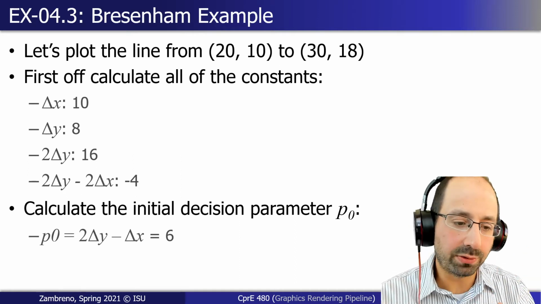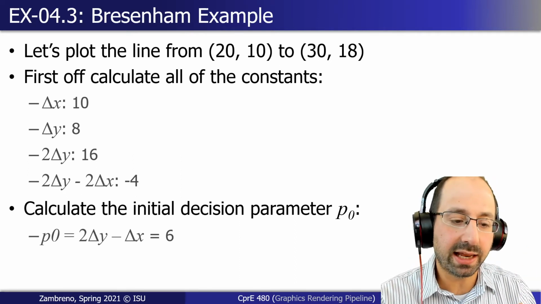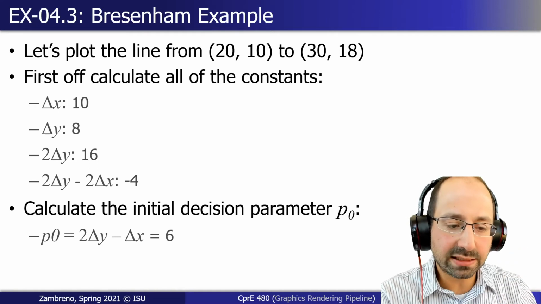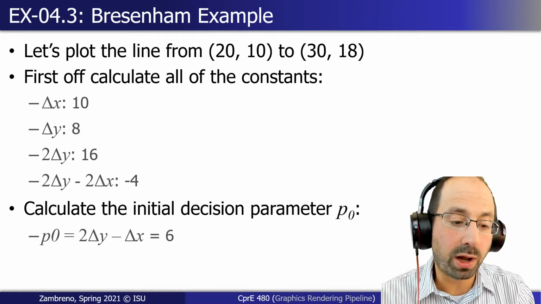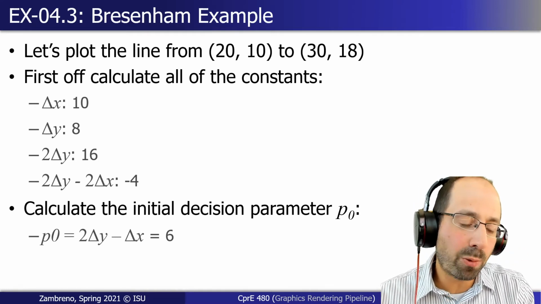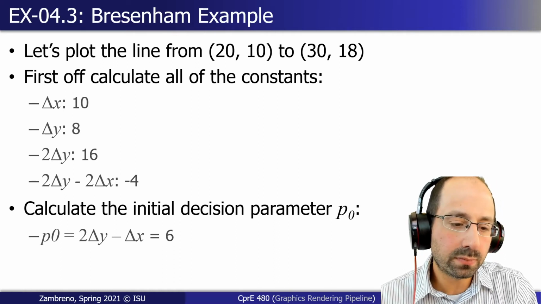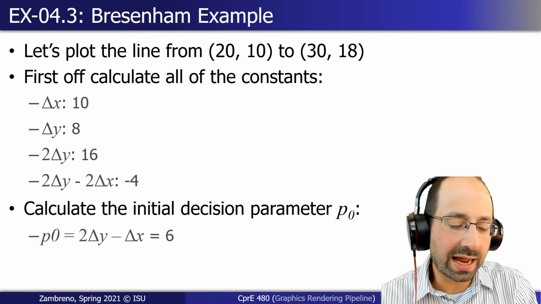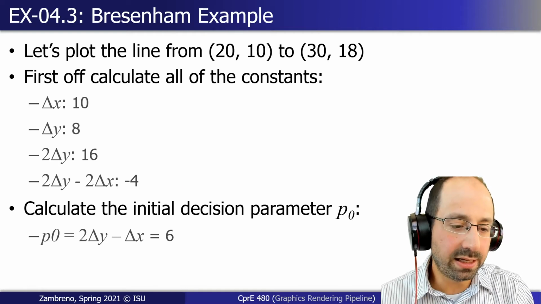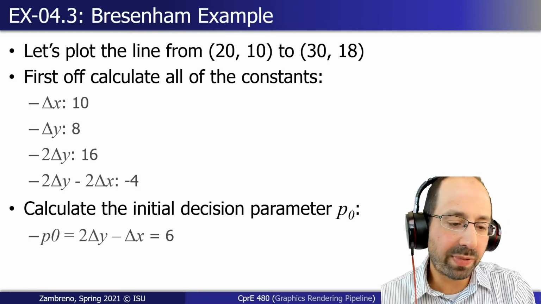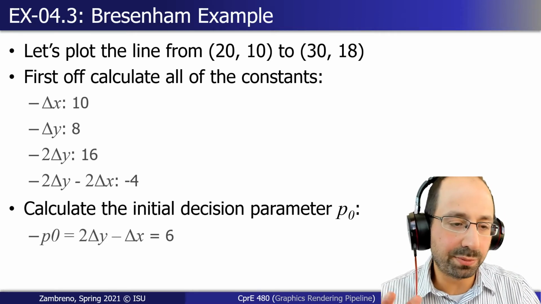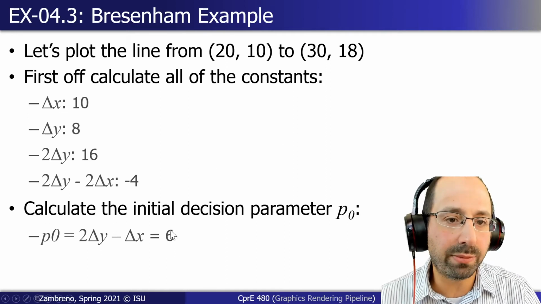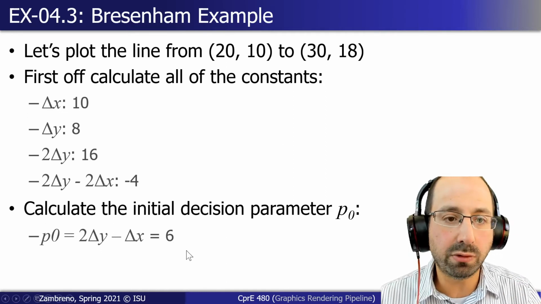That's x0 is 20, y0 is 10. We can then, as we go from x0 to x1, which is 21, determine whether or not y1 is plus 1 or not, based on the sign of that decision parameter. The actual value of that decision parameter isn't as important as whether it's positive or negative.